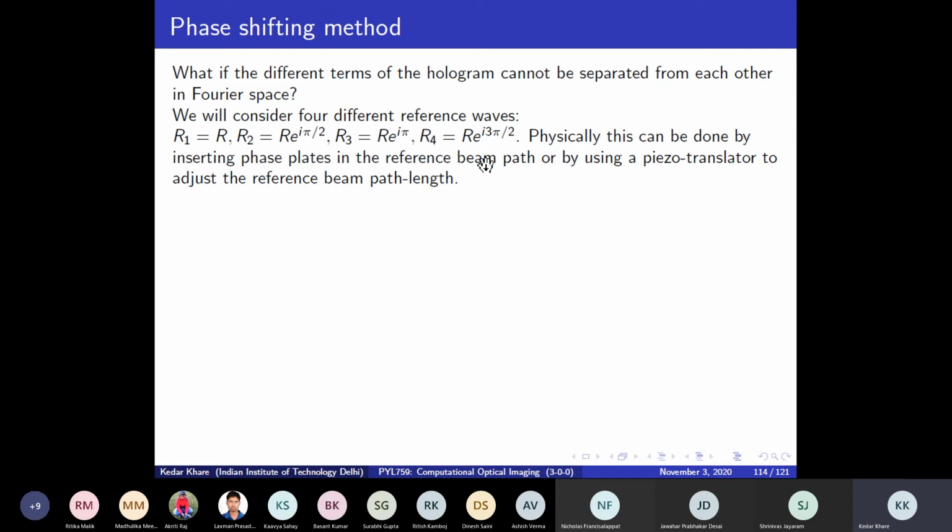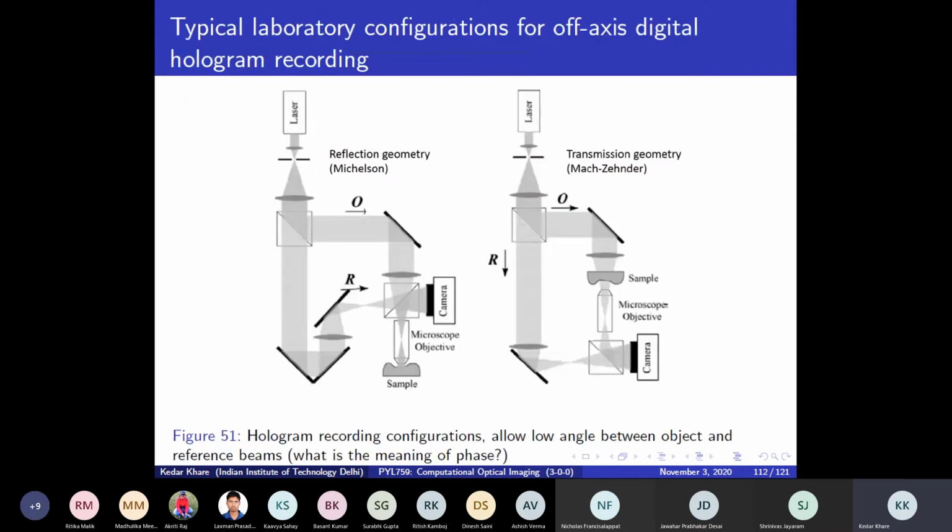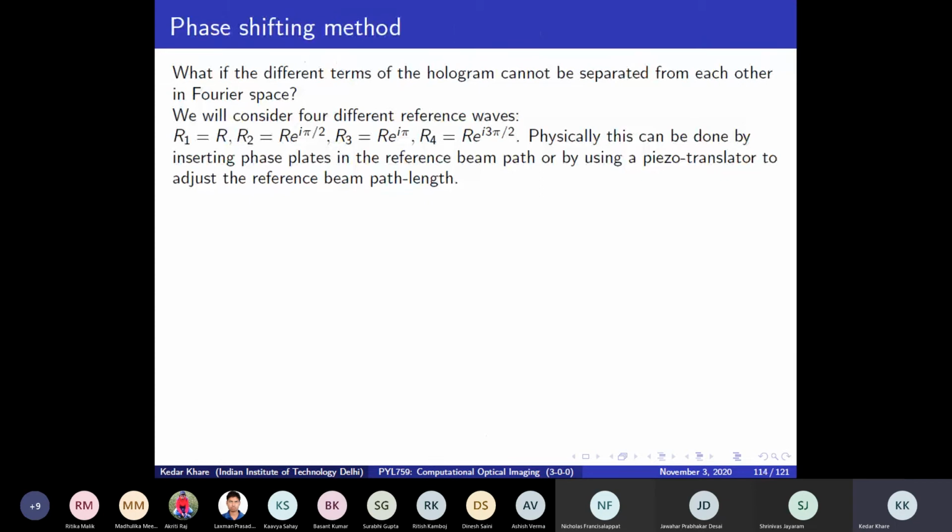And physically, what you can do is in the reference beam, you can add wave plates, for example, or have something like a small piezo translator on a mirror, and you can translate the mirror by hundreds of nanometers, and that will create a phase shift in the reference beam. The relative phase shift will be there, and that way you can actually think of other forms of interferometers.